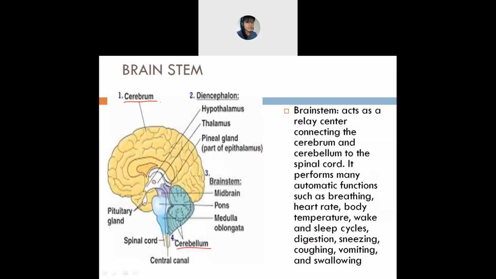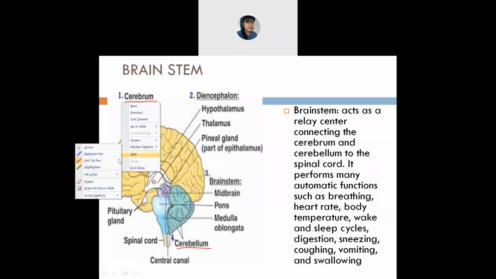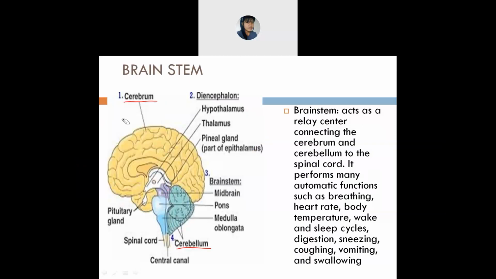Okay, now let us discuss the brainstem. Okay, so this is the brainstem. What is the brainstem? It acts as a relay sensor. Relay sensor means, like, the connection between the cerebrum and the cerebellum.